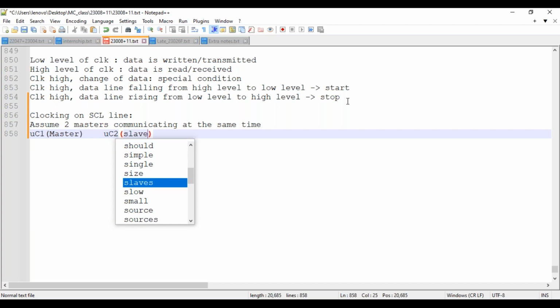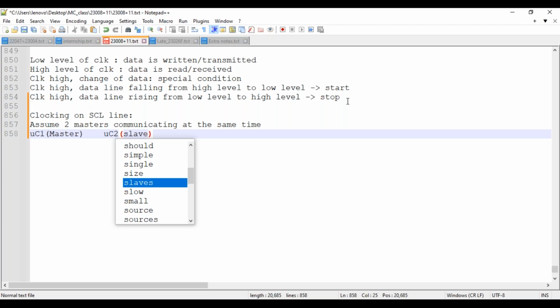So microcontroller 2 is master capable as well as slave capable. But in a network, there can only be a single master and a single slave. I mean, multiple slaves obviously in the network, but communication happens between a single master and a single slave.